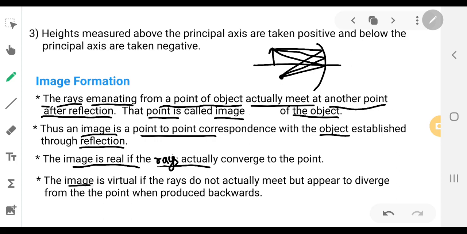The image is virtual if the rays do not actually meet but appear to diverge from a point when produced backward. ಅಲ್ಲಿಂದ ರೇಸ್ ಎಮರ್ಜ್ ಆಗಾಕತ್ತಾವೇನೋ ಅಂತ ಅನ್ನಿಸ್ತಾವೆ, ಆದ್ರೆ ಅಲ್ಲಿಂದ ಆಗ್ತಿರಂಗಿಲ್ಲವು.